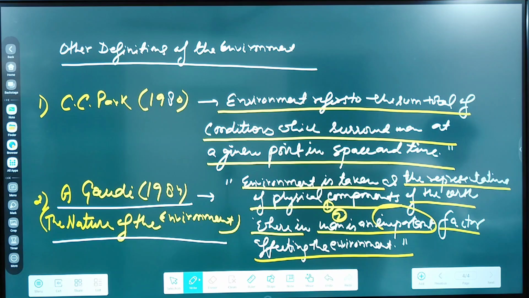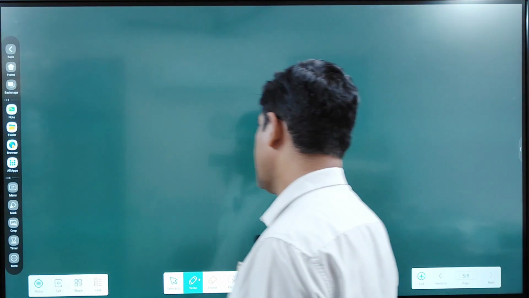Another definition, you may write, third.